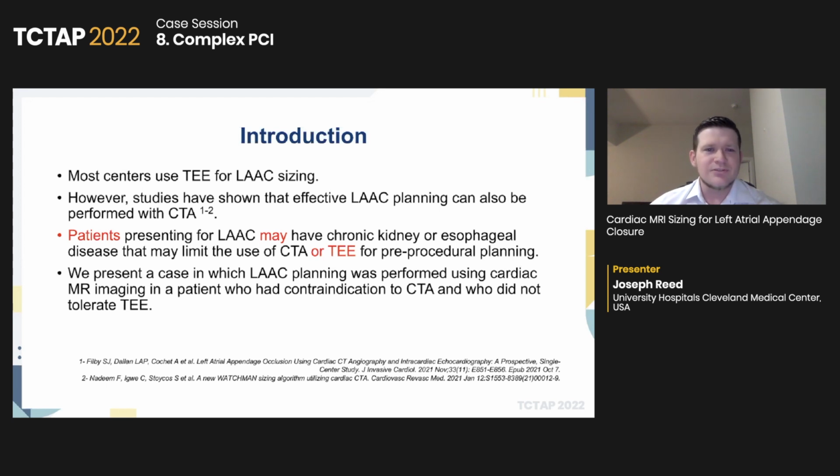However, patients presenting for left atrial appendage closure may have comorbidities that preclude them from CTA or TEE for the pre-procedural planning process, and those include chronic kidney disease or esophageal disease. And here we present a case in which the pre-planning process was performed using cardiac MRI in a patient who had contraindications to CTA and who was unable to tolerate transesophageal echo.